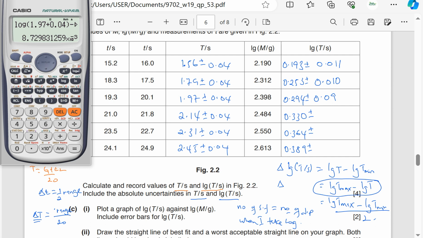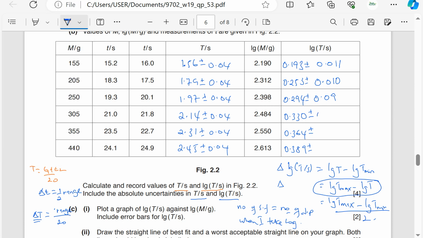Okay, then log of 2.14 plus 0.04 minus the log of 2.14 alone, which is 0.08.